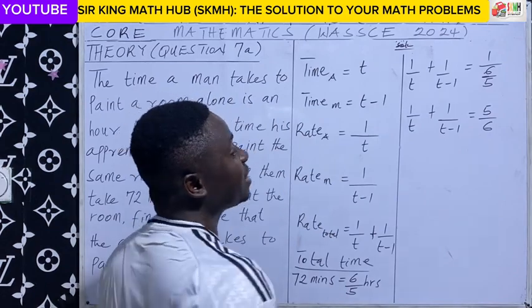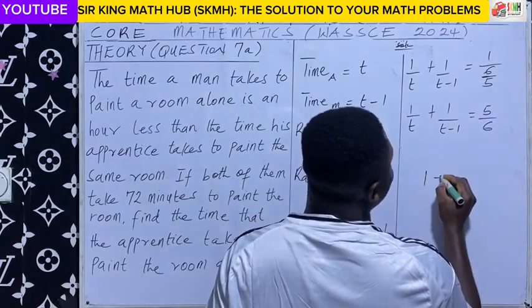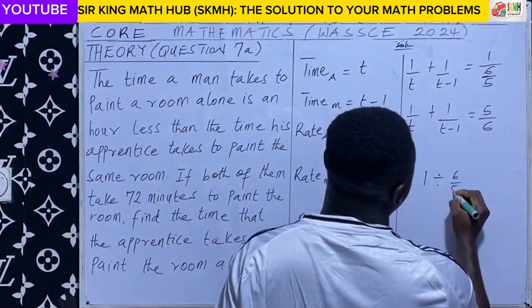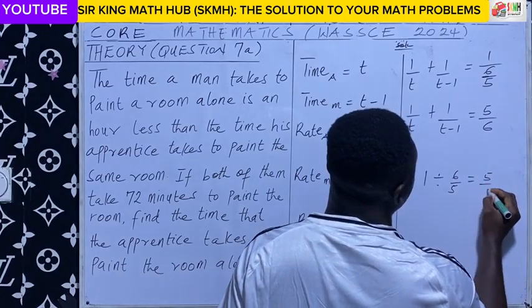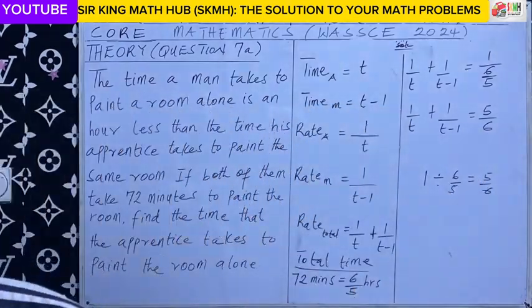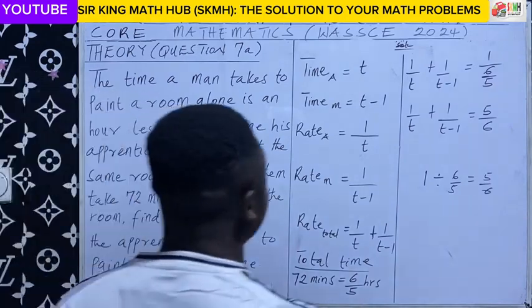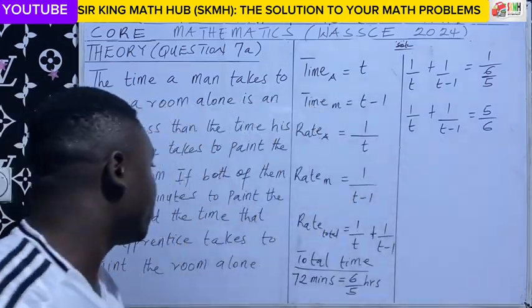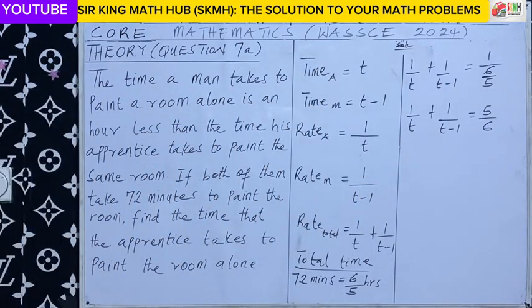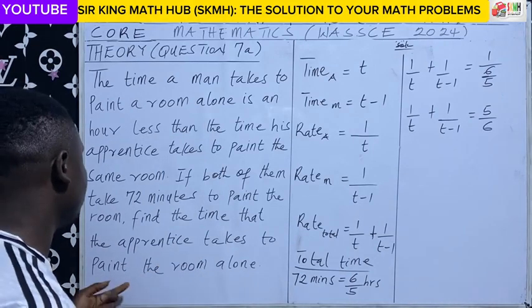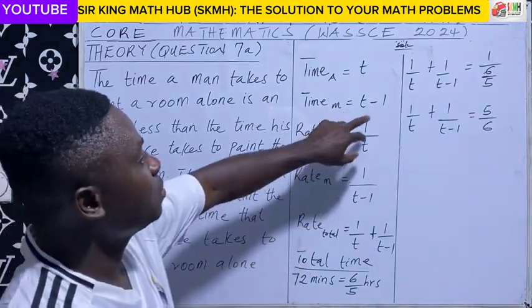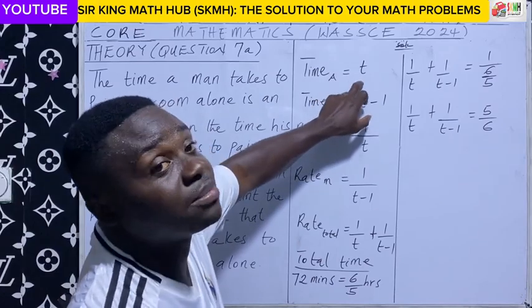On your calculator, just enter 1 divided by 6 over 5, and this will give you 5 over 6. Now what are we looking for? We are looking for the time the apprentice takes to paint the room alone. So we are looking for t, the apprentice time.